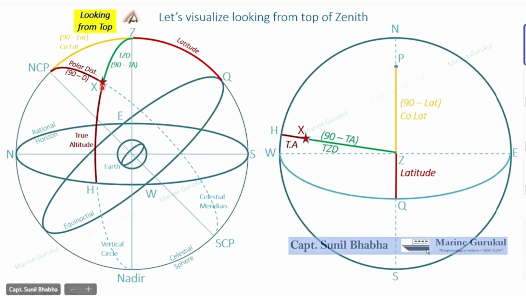So pole to X. Let's come back to the rational horizon diagram. This is the pole, and this is the celestial body, the star X. And we have to draw the celestial meridian now. So let's draw it. This celestial meridian is going to appear like this.